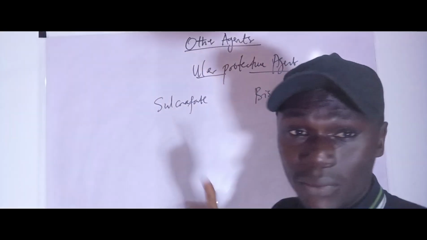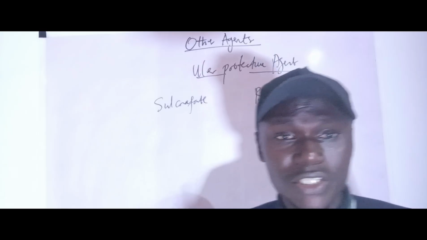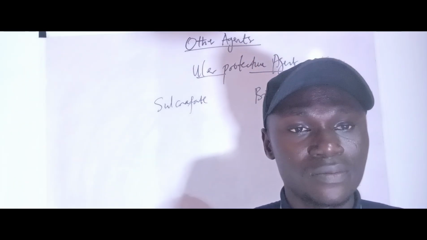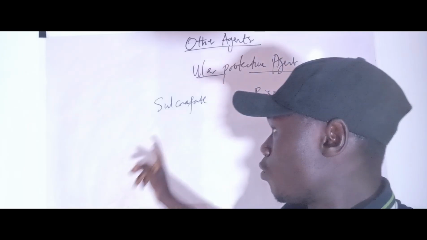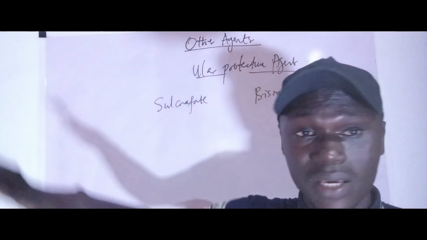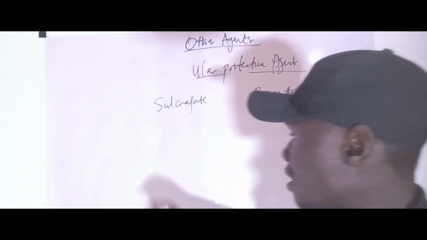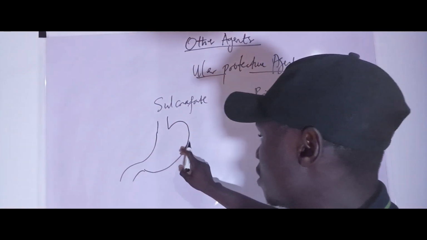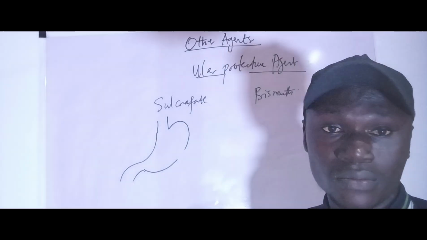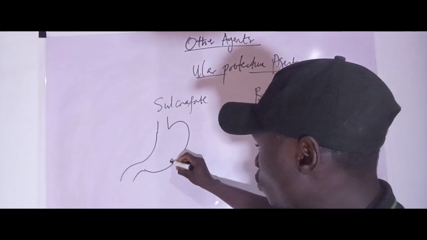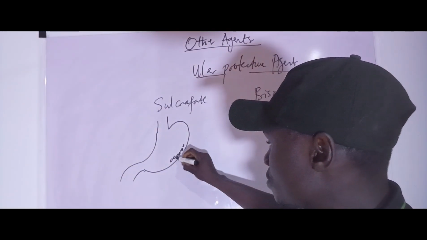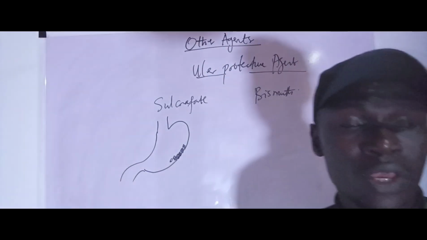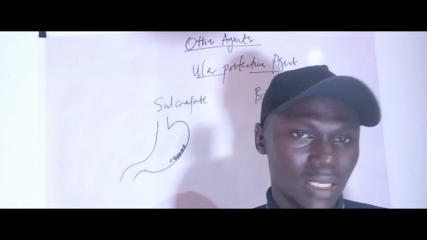One thing about sucralfate is that it requires an acidic pH in order to function. What does that tell you? It requires an acidic pH in order to polymerize and coat the stomach lining. If this is your stomach lining and we have an ulcer here, when sucralfate wants to work, it needs to polymerize and cover that particular ulcer, but it needs an acidic pH.